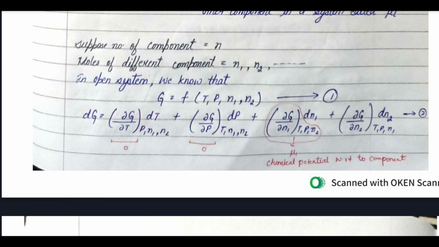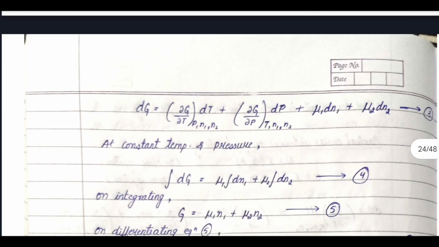In open system we know G is a function of temperature, pressure, n1, n2 and so on, equation 1. So dG is equal to curly G by curly T at constant pressure, n1, n2 into dT plus curly G by curly P at constant temperature, n1, n2 into dP plus curly G by curly n1 at constant temperature, pressure, n2 into dn1 plus curly G by curly n2 at constant temperature, pressure and n1 into dn2, equation 2.